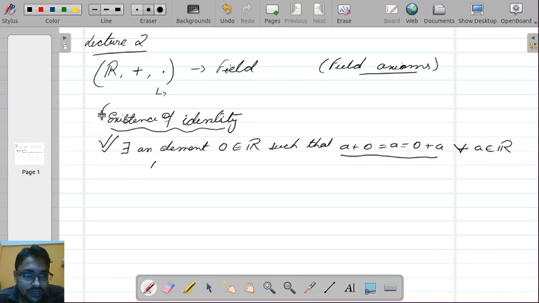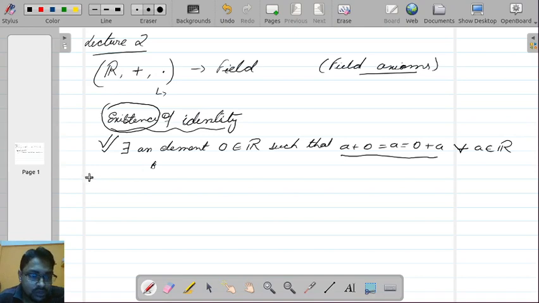There exists an element which satisfies this. It doesn't say anything about uniqueness. This type of statement gives us existence of something, and existence doesn't automatically imply uniqueness. We will try to use these properties to show whether uniqueness follows or not.